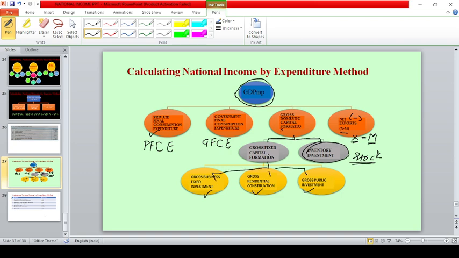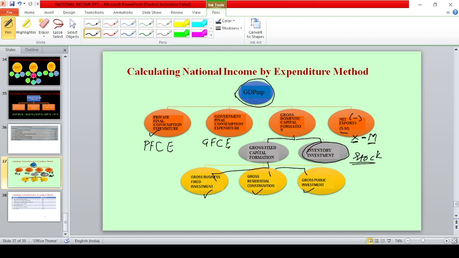Whereas what will be given in the question will be gross domestic capital formation directly, or else it will give you either gross fixed capital formation or inventory investment. With the help of either one, you can calculate gross domestic capital formation.